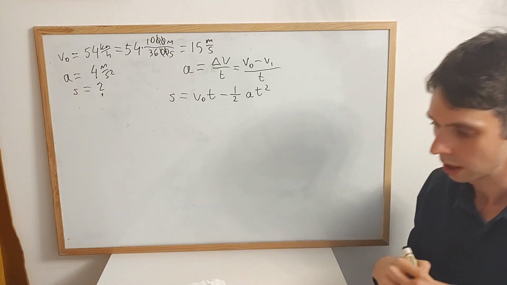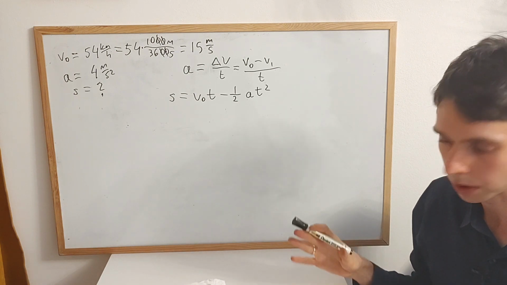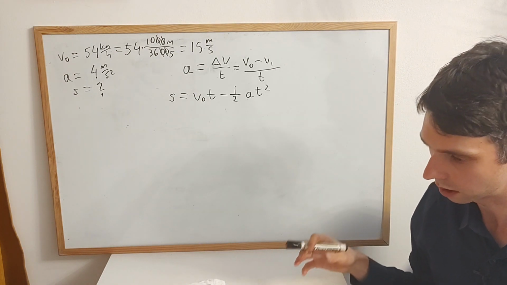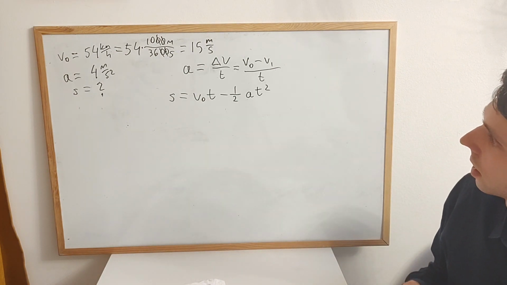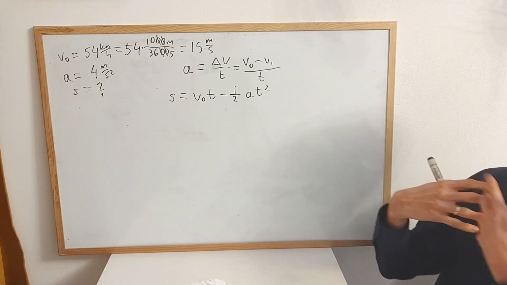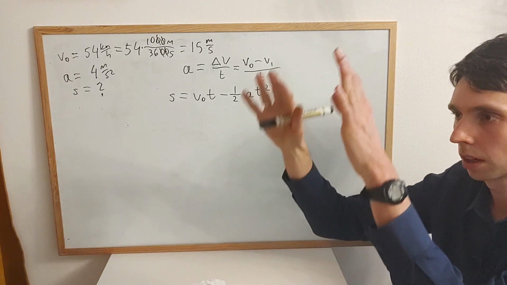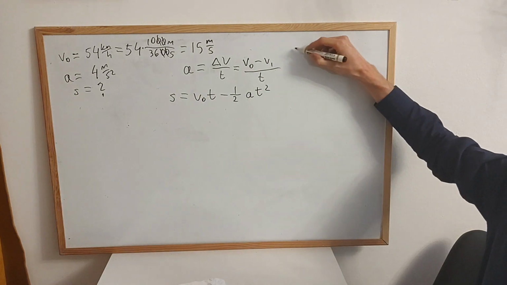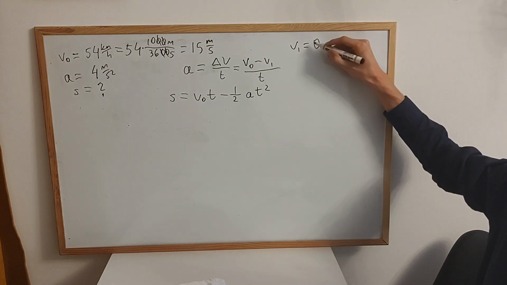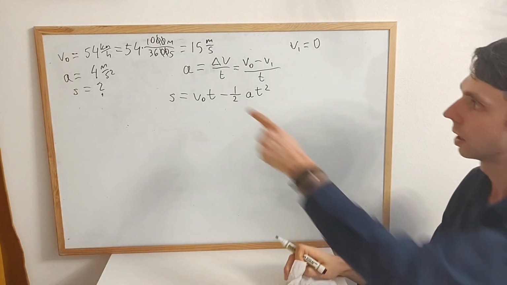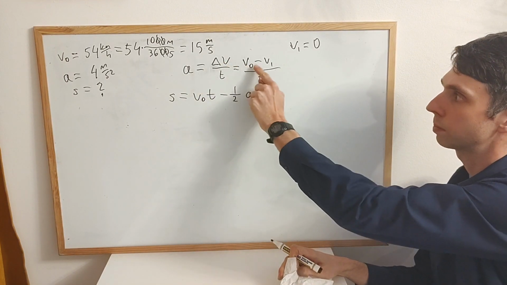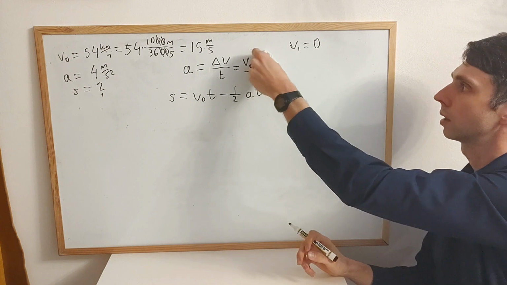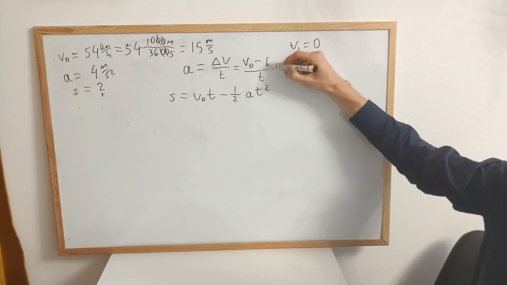What changes? We assume that there is no fallen tree in the road. So the braking distance means the distance until the car stops. So the final speed, when it stops, final speed would be 0. So here the change in speed would be initial speed minus 0.